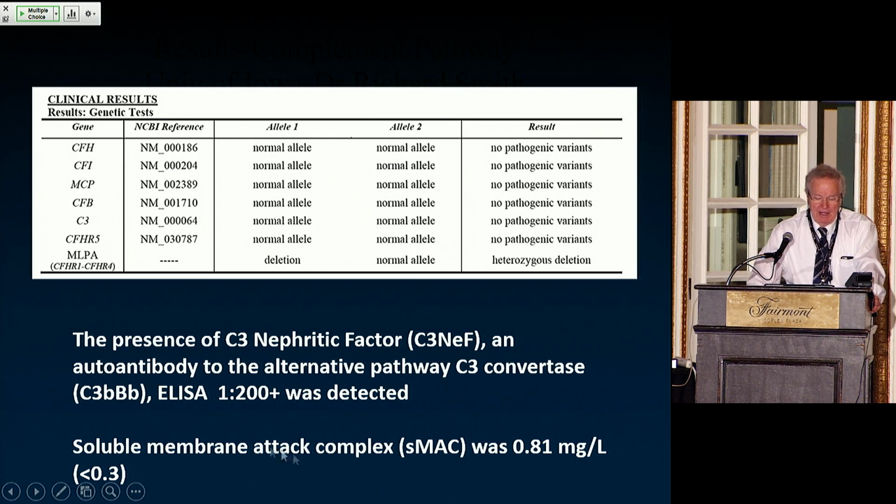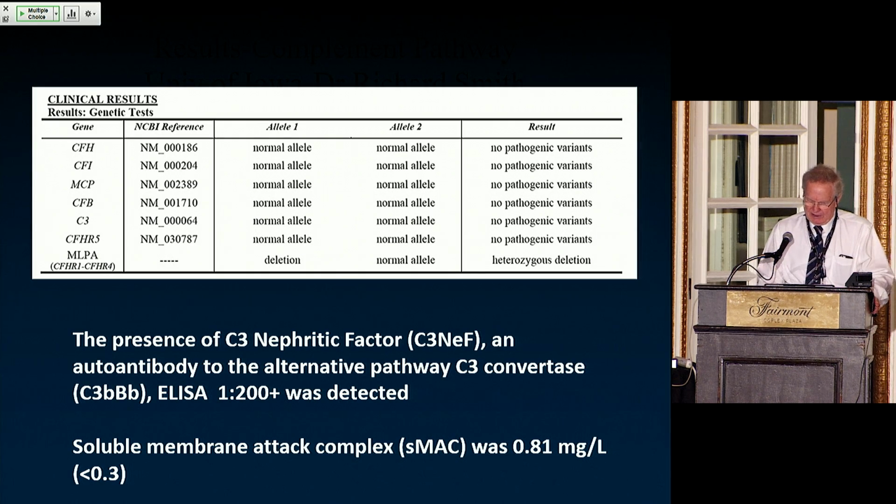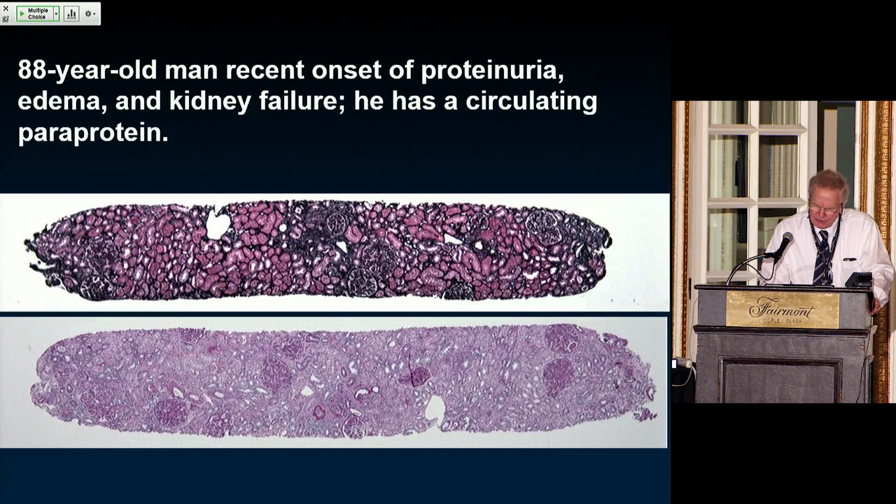And this was high, and there was evidence of activation, or upregulation if you want, of the enzyme, because the soluble membrane attack complex, the C5b-9, was elevated in the circulation above the normal level. And therefore, here you have the antibody, an acquired form of this disease, glomerulonephritis C3.